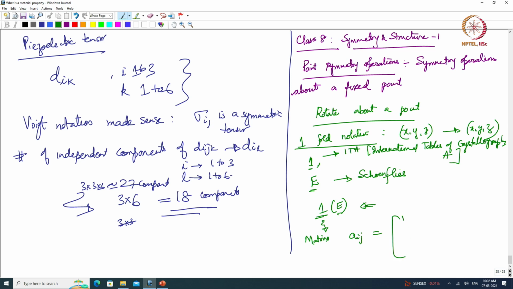In this case the transformation matrix is nothing but the identity matrix, but since it is a symmetry operation, when I transform by this matrix I should exactly get the same point, or the same point in a similar environment. I should not be able to distinguish the environments of this point or that point. That is what is meant by symmetry. So, the simplest form of symmetry operation is one-fold rotation.